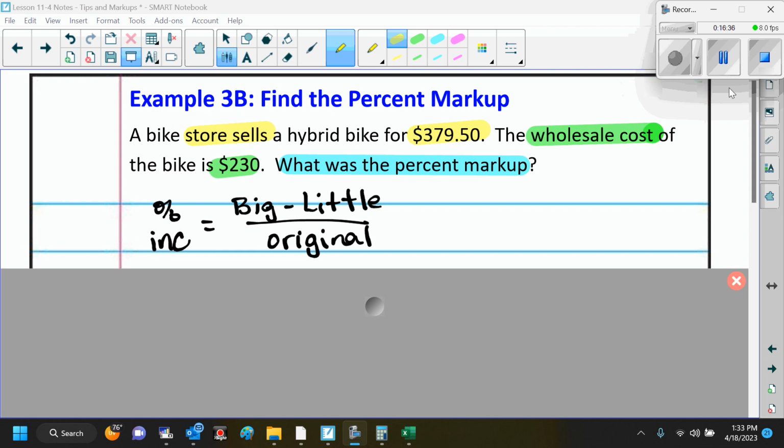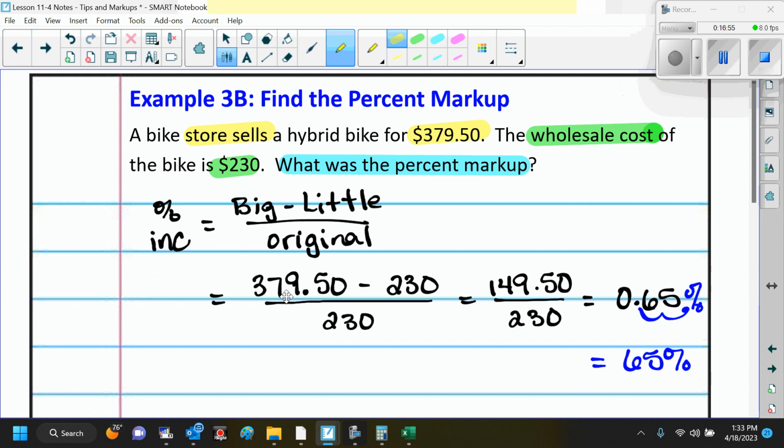So we need to start with the formula. A markup is a percent increase. So the formula is the big number minus the little number divided by the original. The original is the wholesale cost. That's $230. So here we substitute in. That's all you do.